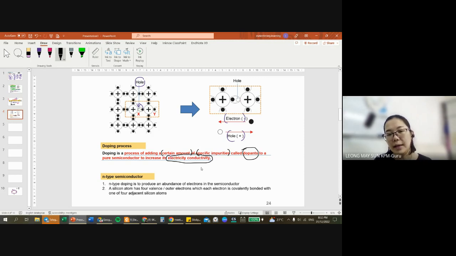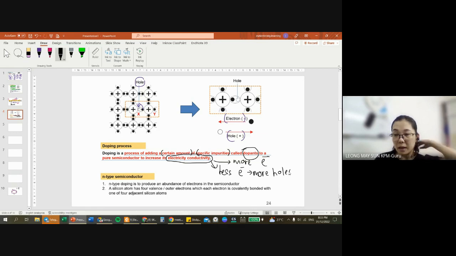To increase the conductivity, there are two types. Either you make it have more electrons, or you make it have fewer electrons. When there are fewer electrons, there are more holes. If there are more electrons, there are more free electrons flowing.